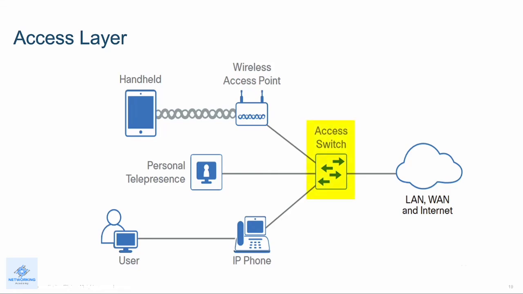The first thing I'll draw your attention to is that we have a single switch at this layer. Typically you will not see redundant switches implemented here, and each device will be homed back or connected to a single individual switch. That doesn't mean we can't build some resiliency in at this level, because we do, and we do it with functionality. For example, we could provide priority for certain devices that are attempting to connect.